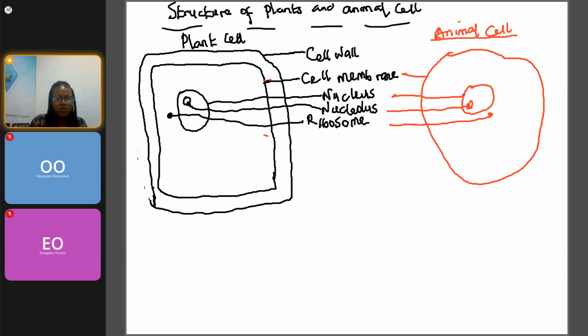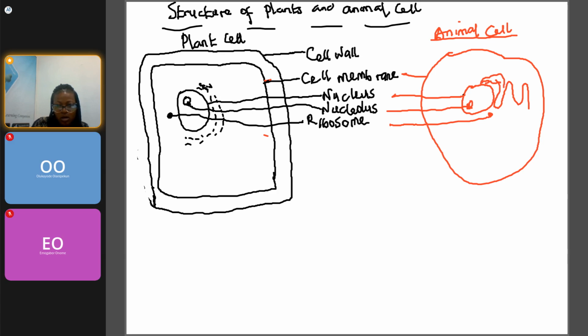Okay, so we move on to what is around the nucleus. There is something here, as you can see. Okay, we also have it in animal cell. This is how it looks in animal cell.